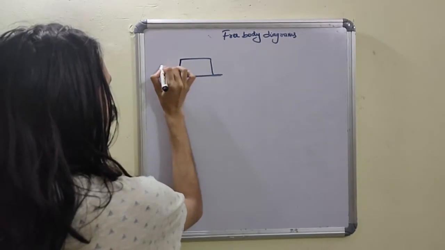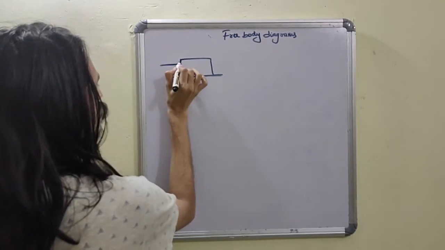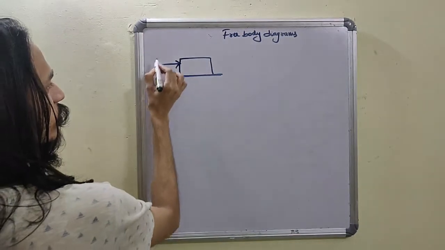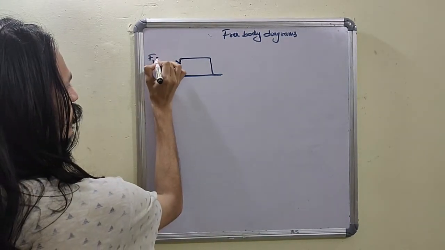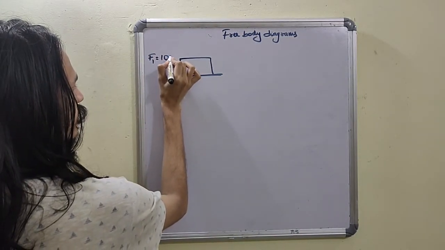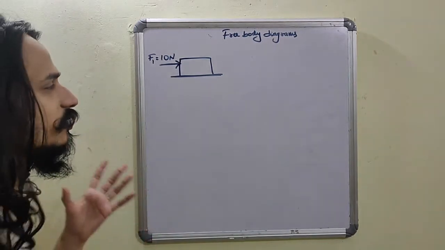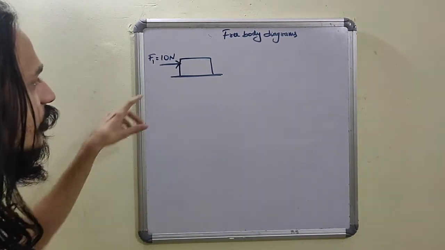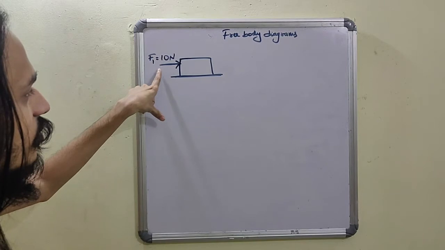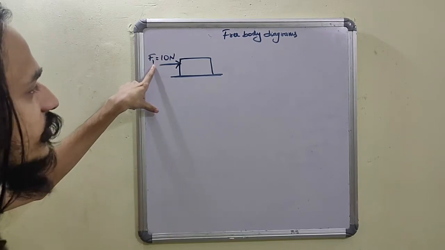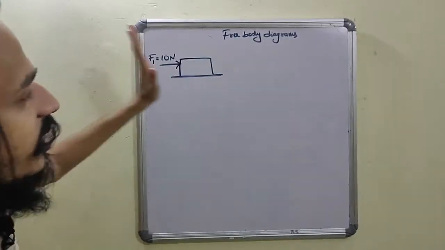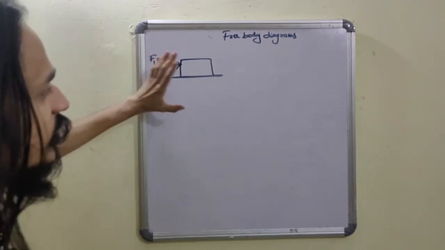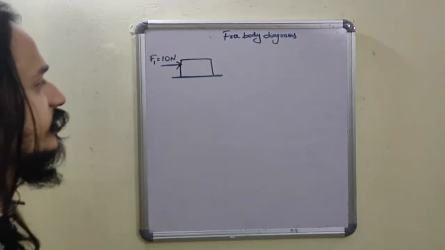Assume that this object has one force. I'll say F1 is nothing but 10 newtons. We know Newton is the unit of force, right? So I'll say that there is one force on this object of 10 newtons that's pushing in this direction. It's acting on the body in the right direction.